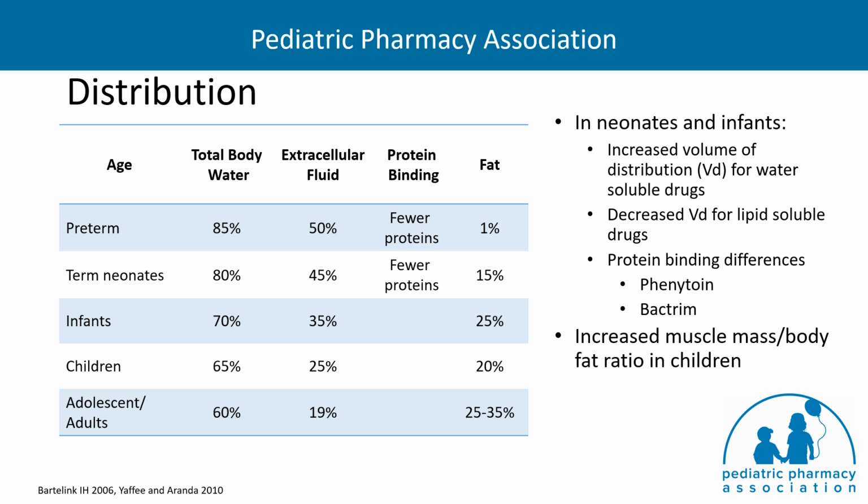Fat composition actually increases with age, which means that the volume of distribution for lipophilic medications is going to also increase. Protein binding also changes as it's lower in the neonatal and infant period due to fewer proteins circulating. And this means that the volume of distribution will be lower. And remember, the free fraction, which is the active drug, is also going to be altered.